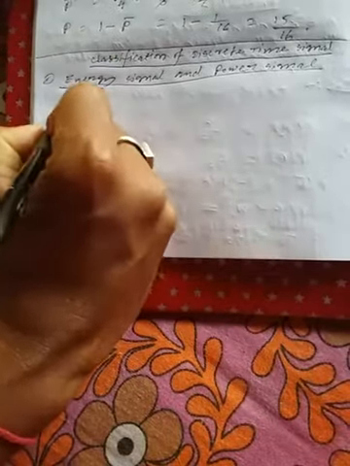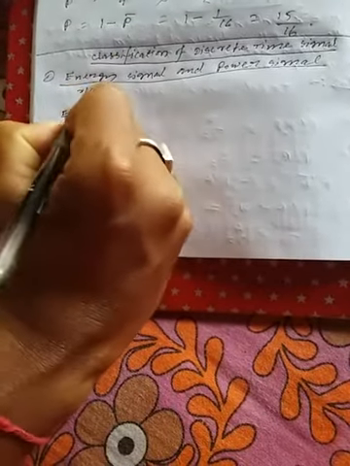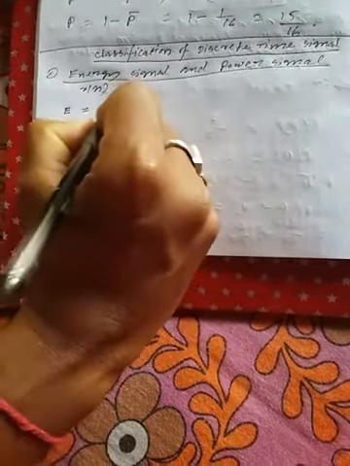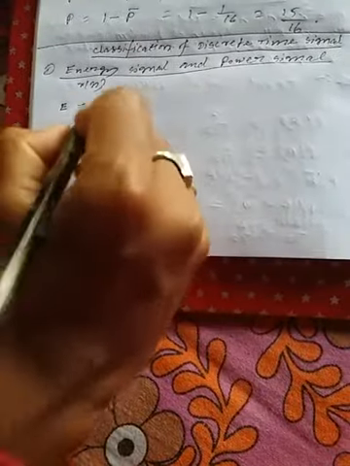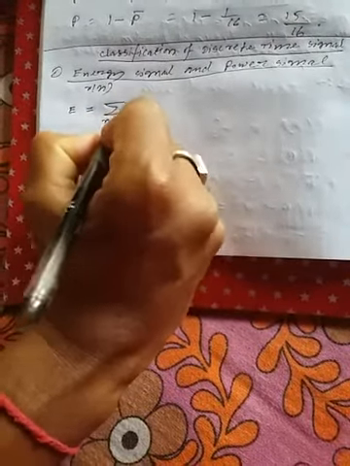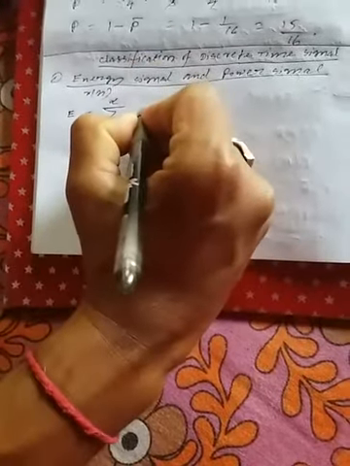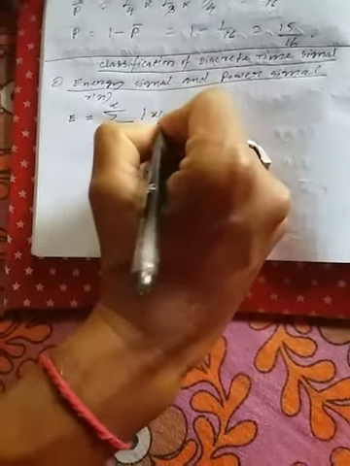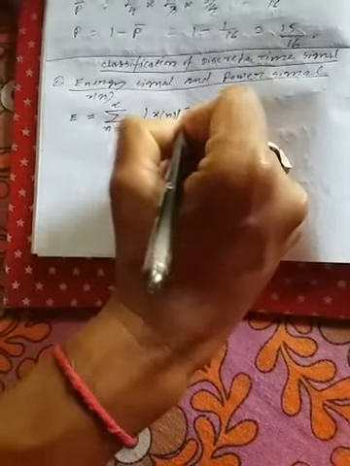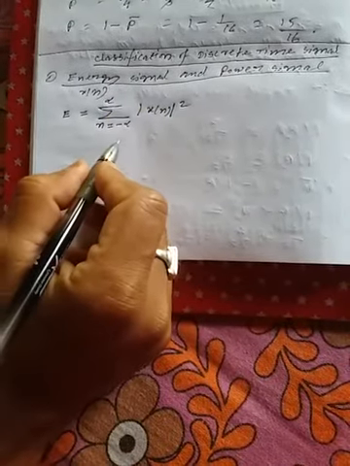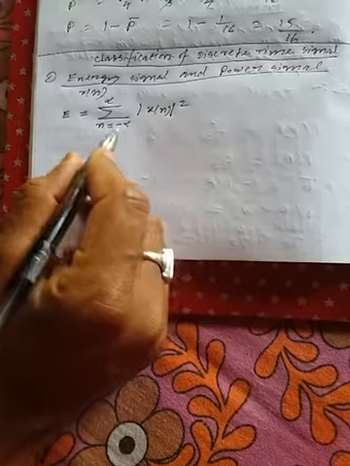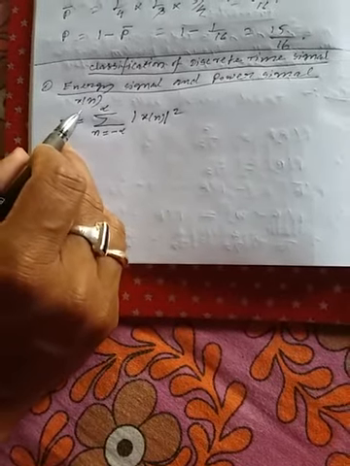For any signal x[n], the energy E can be calculated by this formula. Energy E is equal to summation of n equal to minus infinity to infinity of mod of x[n] whole square. This is the formula to calculate the total energy of any discrete time signal x[n].